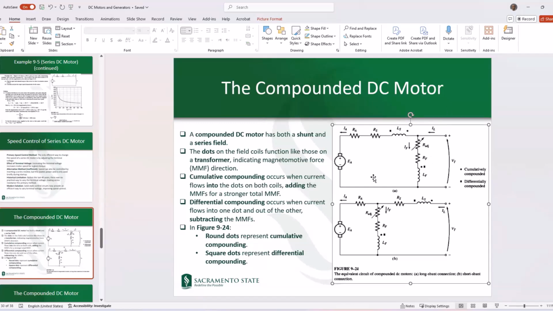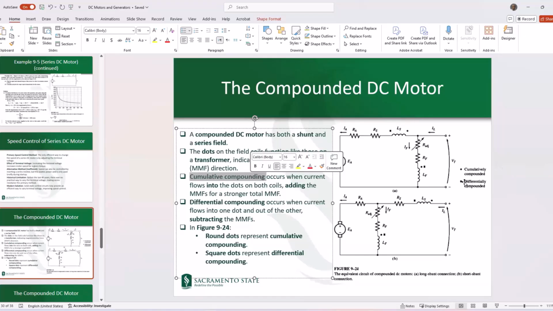If you consider the circle dots, the current for each excitation circuit, each inductance, is going into the dot here for LS, and for LF is also going into the circle dot. So this means that the effects of these two excitation circuits would be added together. So this is called a cumulative compounding.